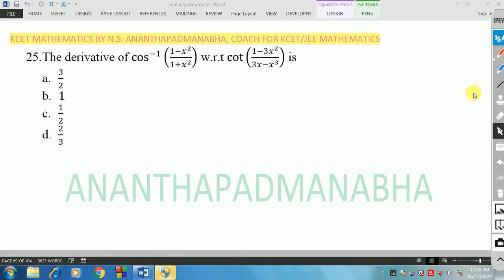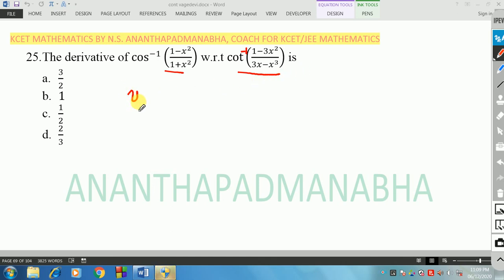Next we have the derivative of cos inverse of 1 minus x square by 1 plus x square with respect to cot of 1 minus 3x square, that is, here I have cot inverse in fact, so it's typed as cot. It is cot inverse of 1 minus 3x square by 3x minus x cube.